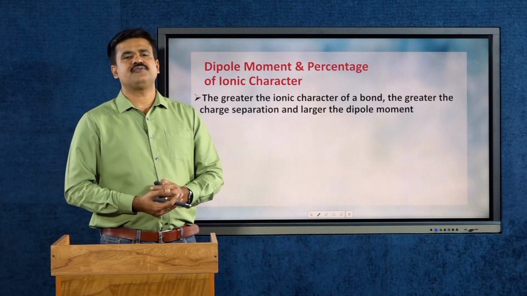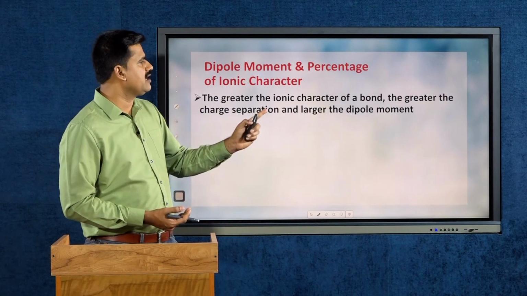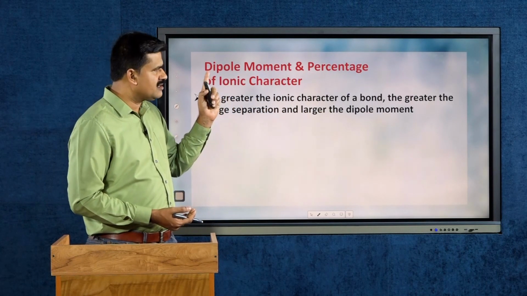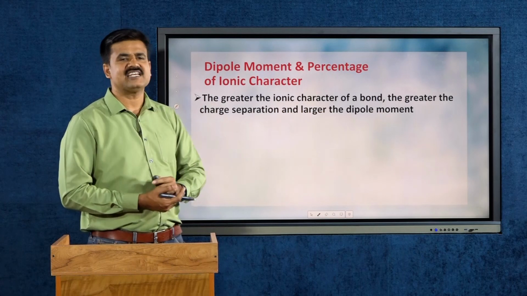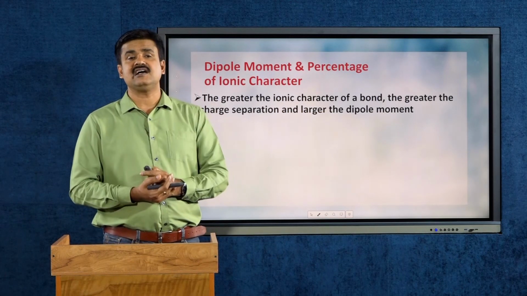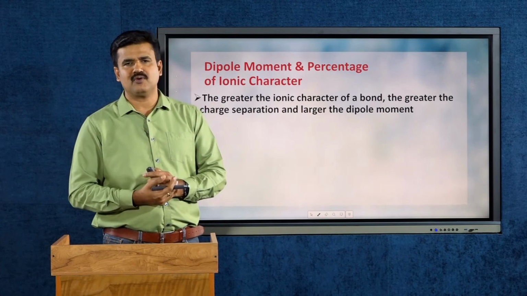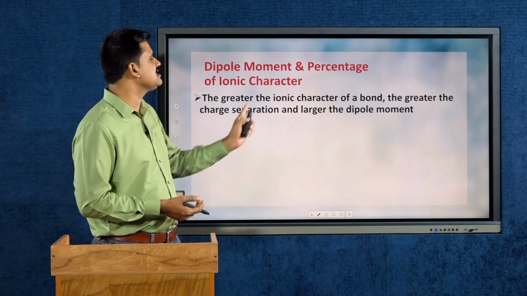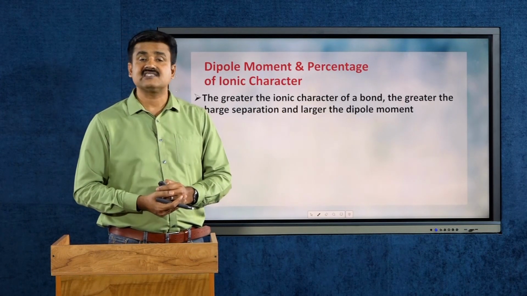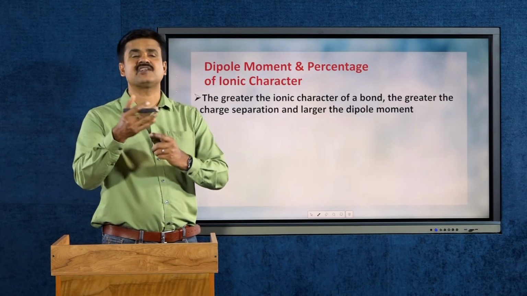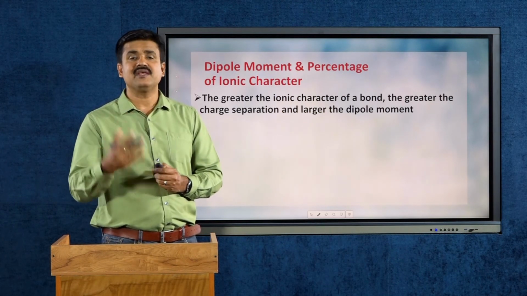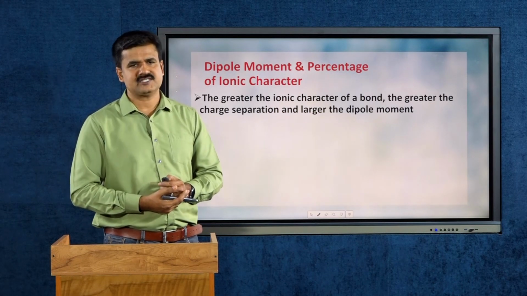The percentage of ionic character of a bond can be calculated from the dipole moment. This point is very relevant. The greater the ionic character of a bond, the greater the charge separation and larger will be the dipole moment. So, there is a direct relationship between ionic character and dipole moment.